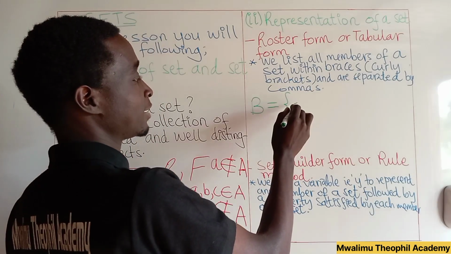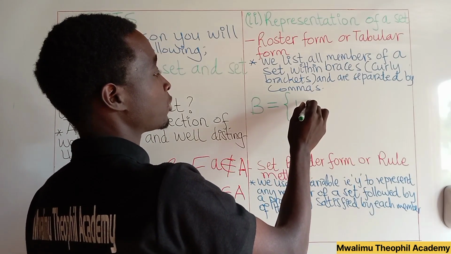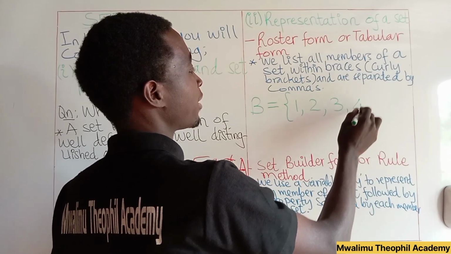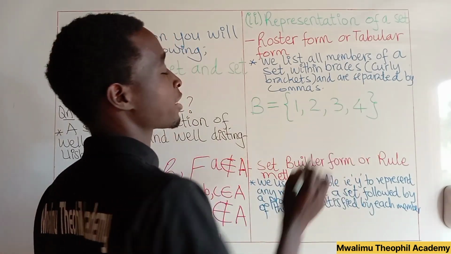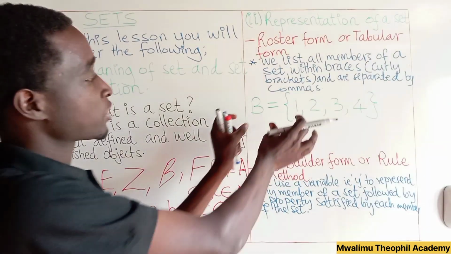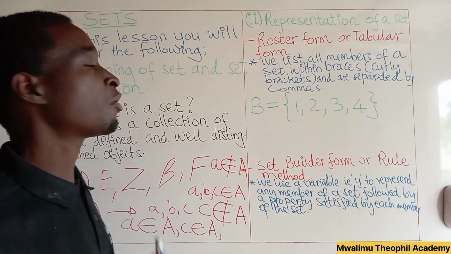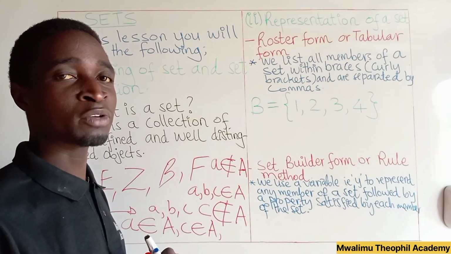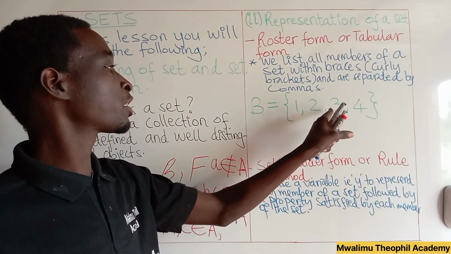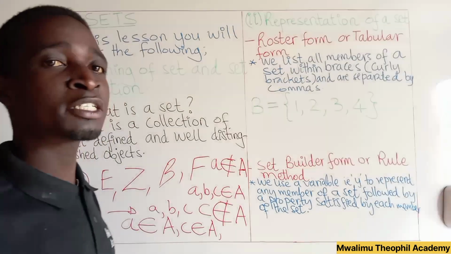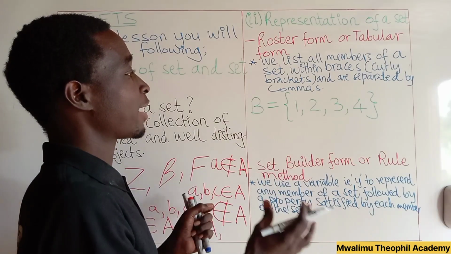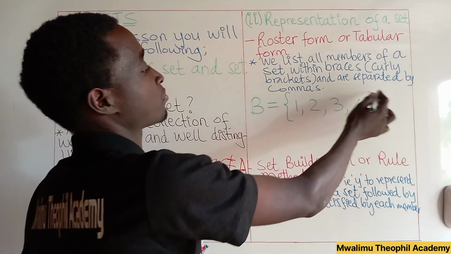So it means that it has 1, 2, 3, and 4, because these are the only counting numbers which are less than 5. This is the way we use roster form or tabular form to represent a set. As we've said, we list the elements by separating them using commas, as you see, and we enclose the elements by using curly brackets.